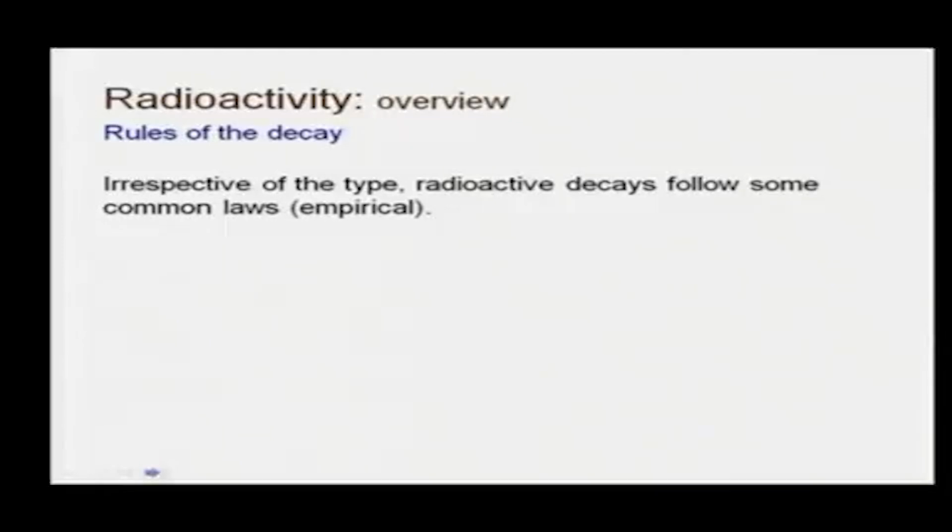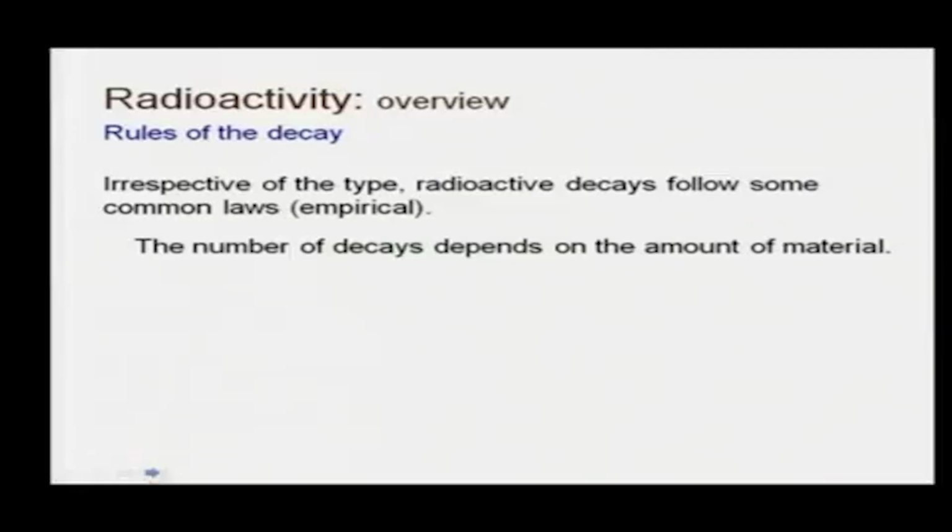For example, whether it is alpha decay or beta decay or gamma decay, some of the basic rules that the decay process follows are independent of what type of radiation is emitted. One thing that we know from experiments is that the number of decays depends on the amount of material that is present. What does it mean?